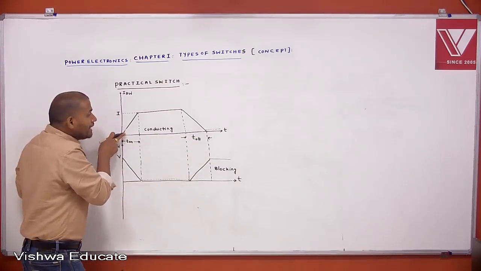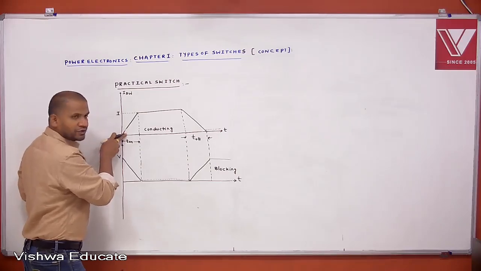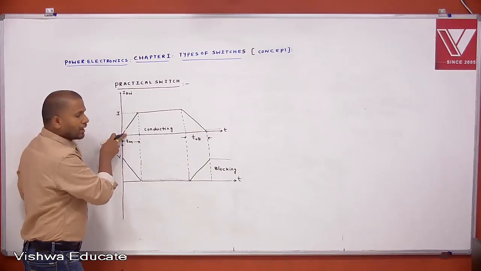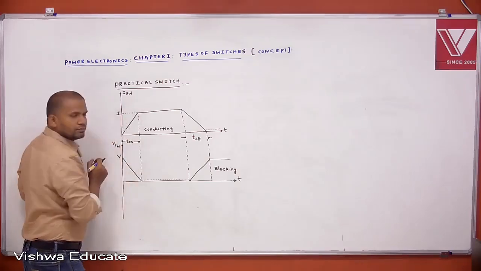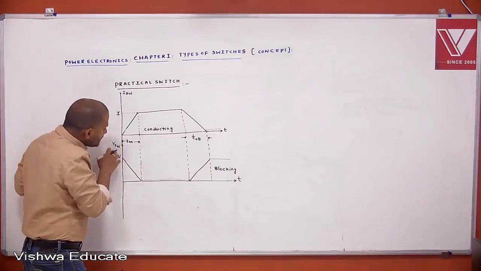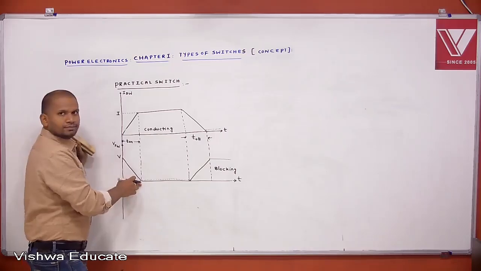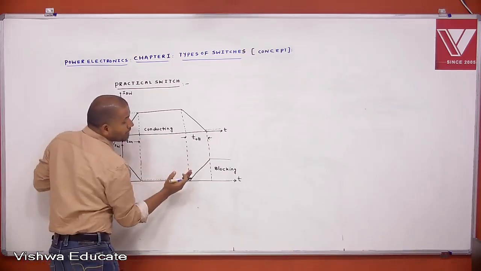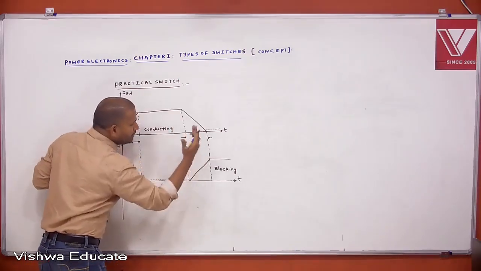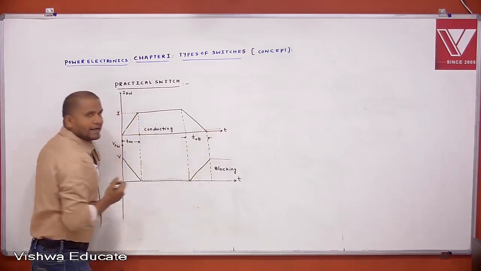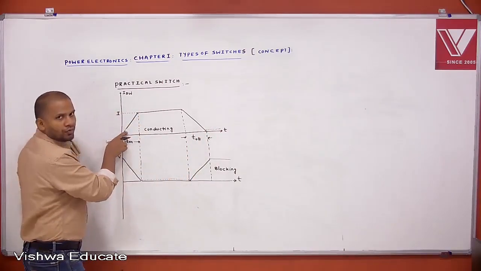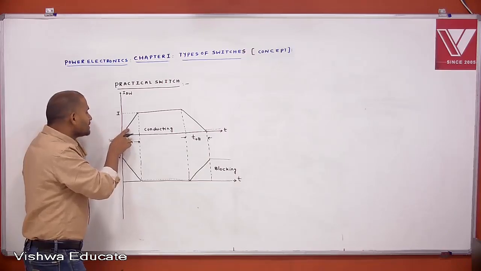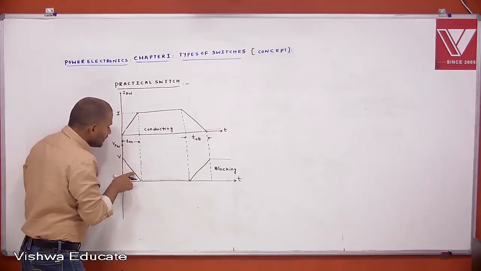There is no instantaneous switching from on state to off state. Current is slowly rising, voltage is slowly falling. Here also, current is slowly falling, voltage is slowly rising. That's why during turn on, both current and voltage exist.